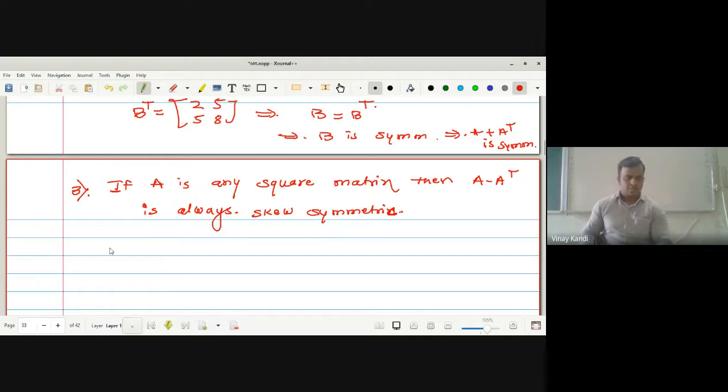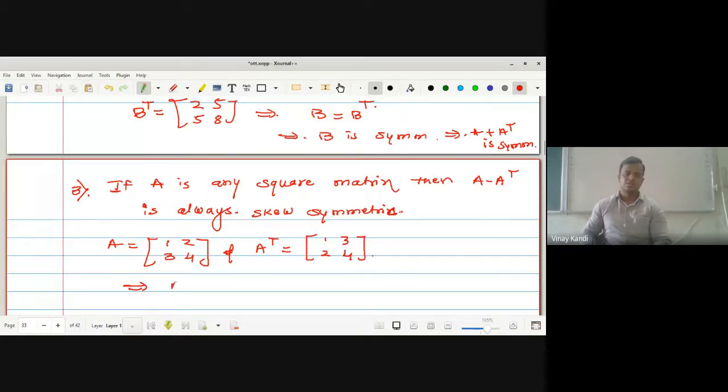Now look at this one. Take the same example again. A is 1, 2, 3, 4, and A transpose is 1, 3, 2, 4.